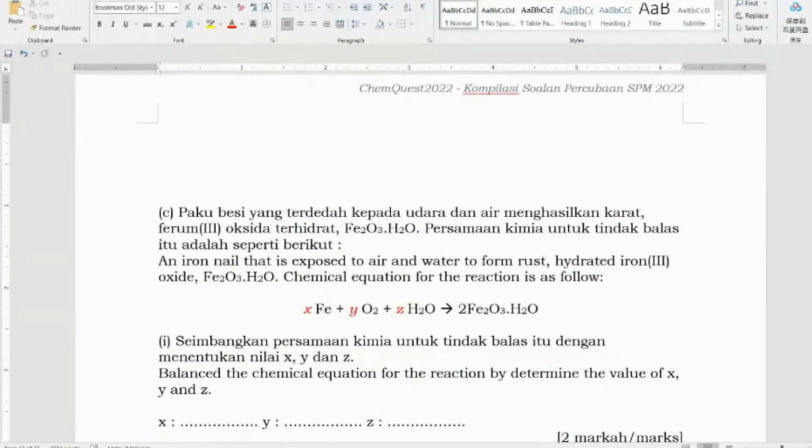What is the value of X? Okay. We did say X is 4, Y is 3, Z is 1.